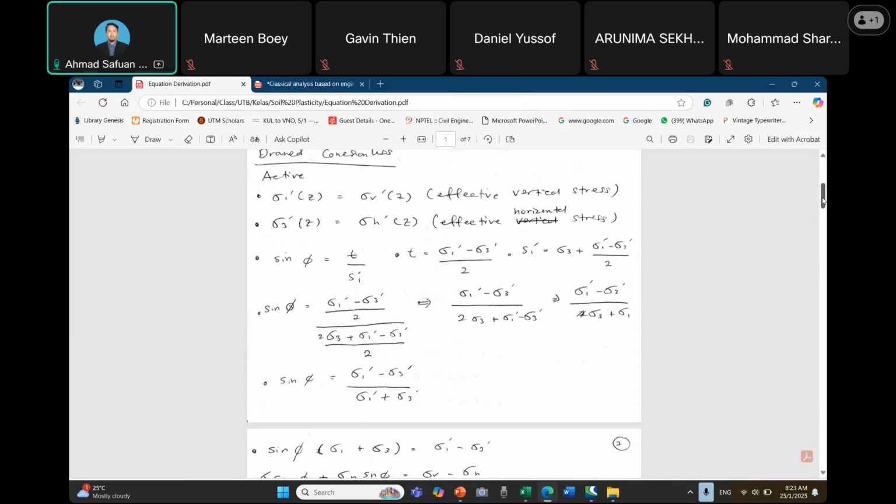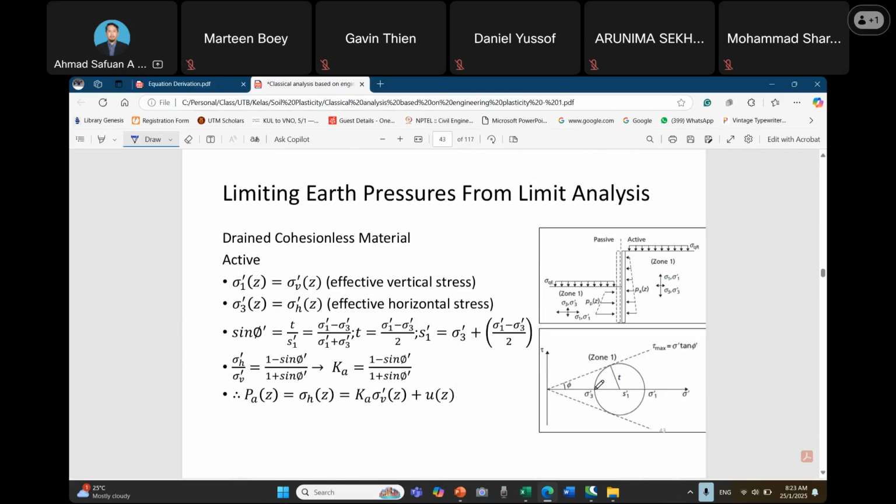How do we get the T? S1 is the distance between 0, for example here, to sigma 3, plus T. Later on, the ratio between sigma h over sigma v is considered the coefficient of active pressure, Ka.